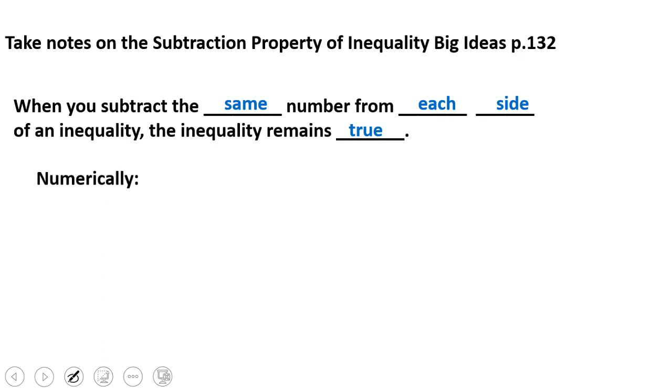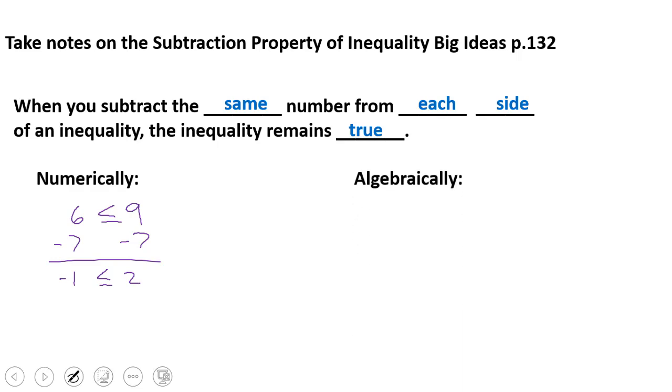Showing you an example numerically would be, well, I have 6. 6 is less than or equal to 9. That is a true statement. If I subtract 7 from both sides, I'm subtracting the same number from each side of the inequality. I have -1 less than or equal to 2. And yes, that is a true statement.